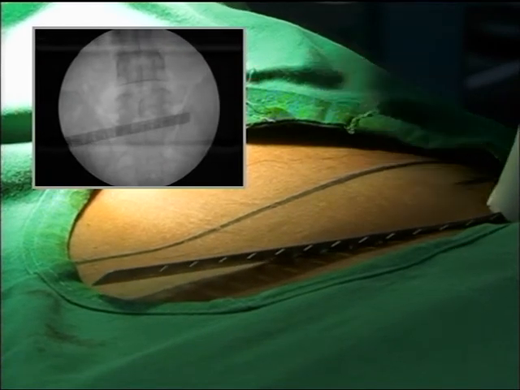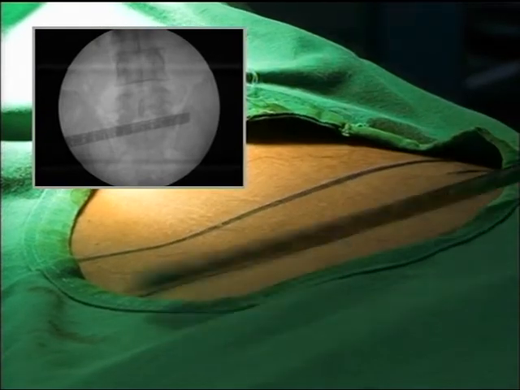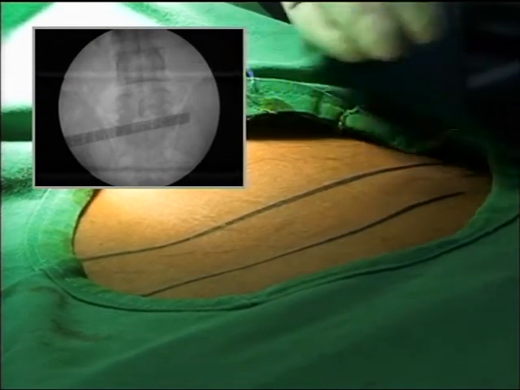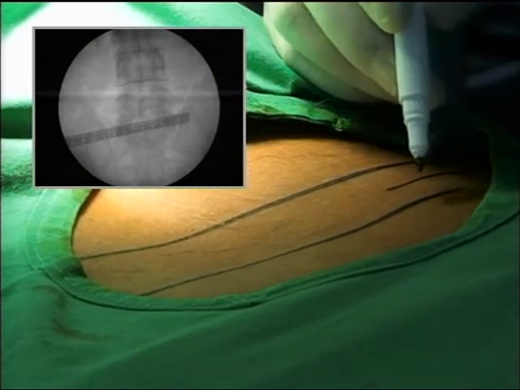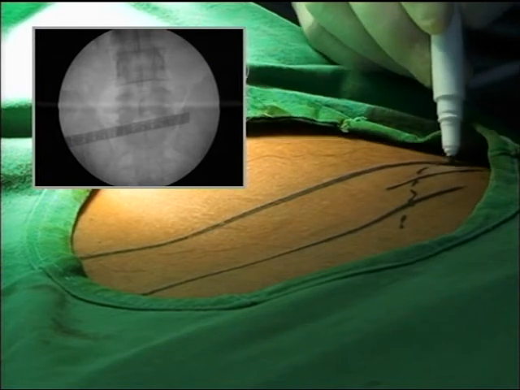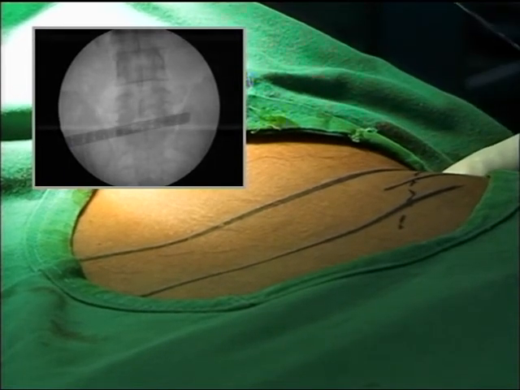So this is the L5-S1 disc line, and the disc inclination line is over here. I am extending this line so that you can appreciate it. But the highest point of the iliac crest lies somewhere here. This is the highest point of the iliac crest line that encroaches over the L4-5 disc.